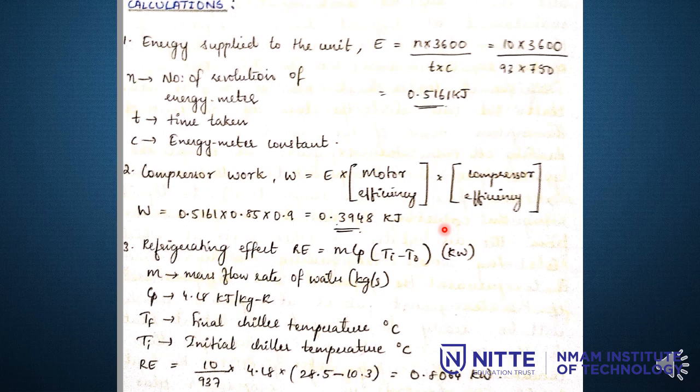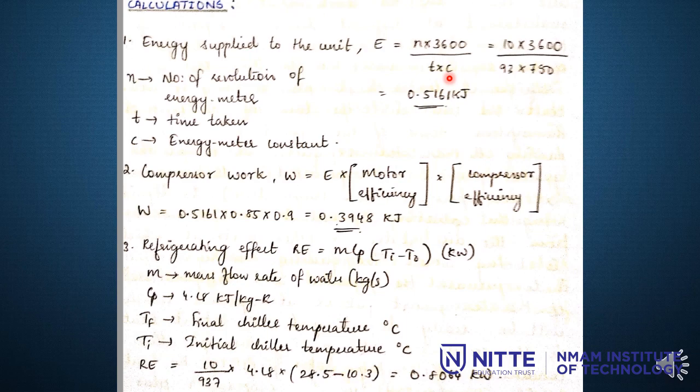So how do you find the refrigeration effect, and how do you find the energy supplied to the unit? Energy supplied to the unit is E, number of revolutions times 3600, divided by time taken and the energy meter constant, which is 750. The energy meter constant is given on the energy meter. It is 750 revolutions per kilowatt hour.